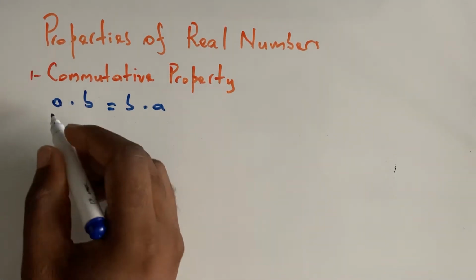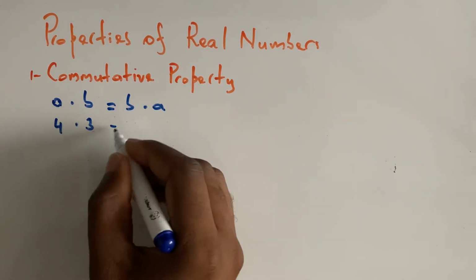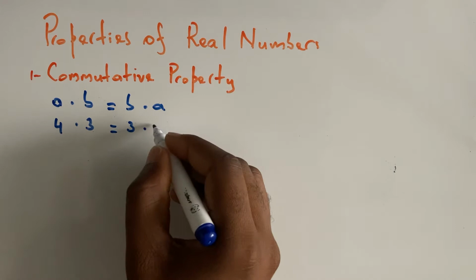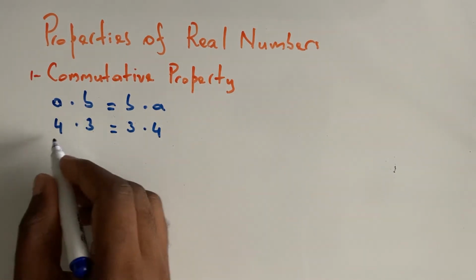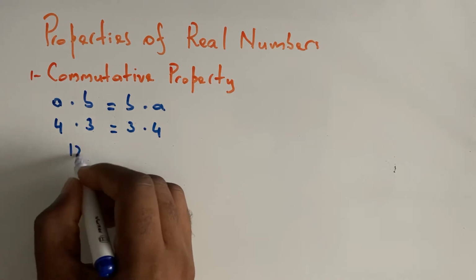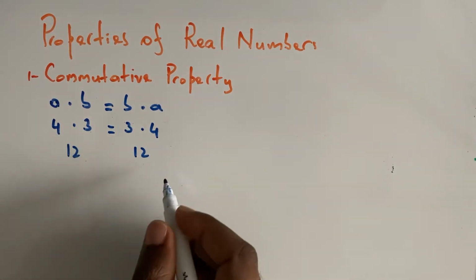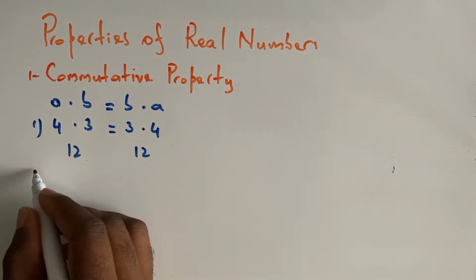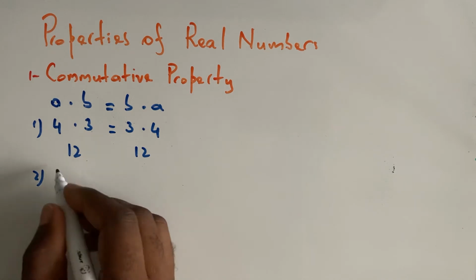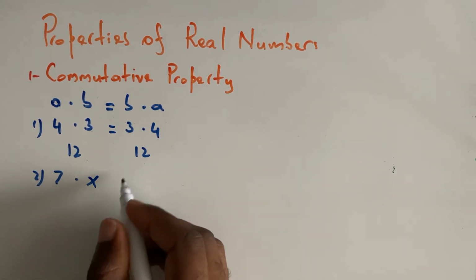And we can take the same example we had previously. 4 times 3 should be the same thing as 3 times 4. You see, you can switch their places and still get the same result. 4 times 3 is 12 and 3 times 4 is 12. Same thing, right? And the same way, with variables, you can have, for example, 7 times x.